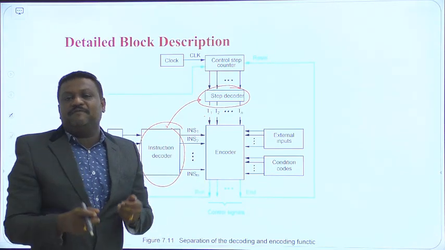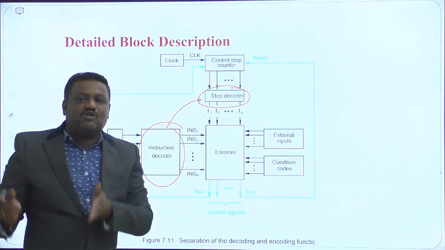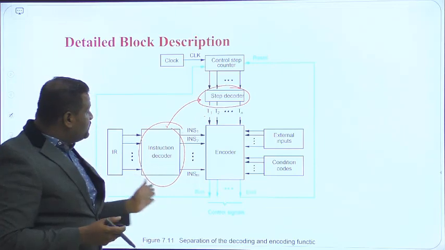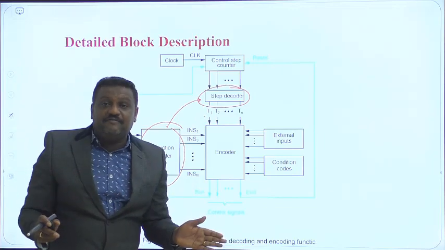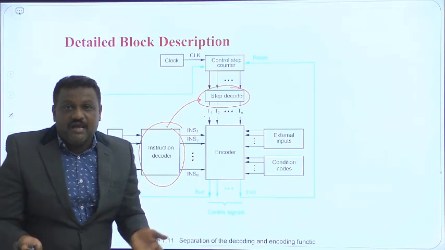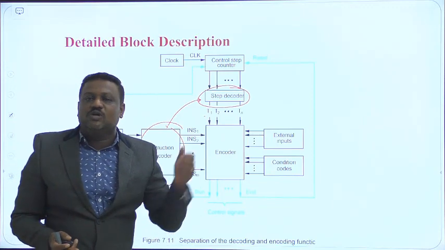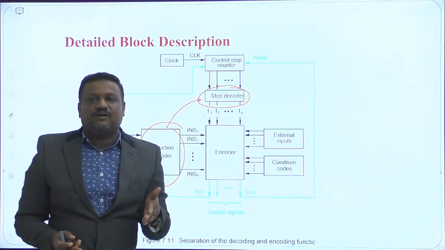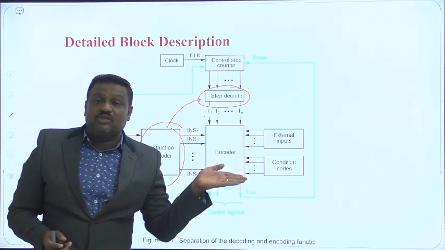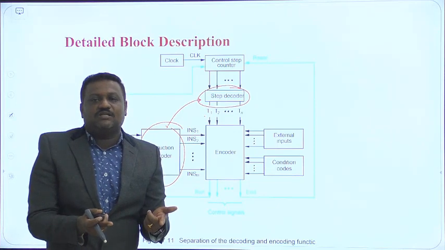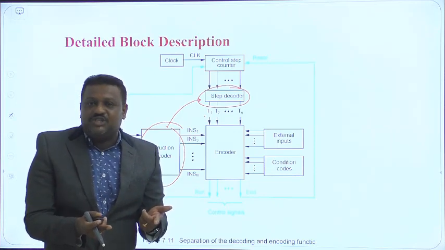You can assume, as in the previous case, my example was add R1, R2, R3. If I decode that instruction, from the output of the instruction decoder I identify that my operation is addition. In order to do that addition, I must take data from registers R1 and R2. Those are two things I have to give to the input of the ALU. Once I apply both the register R1 and R2 values as input to the ALU, later I must generate a control signal for the ALU to do addition.